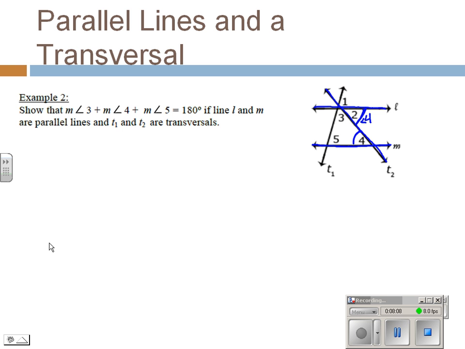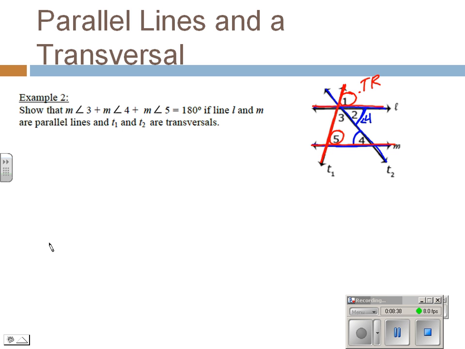And then I'm going to highlight this in red now, and we're going to look at the other transversal, transversal 1, cutting through those parallel lines. Over here, what you should notice is that angle 1 and angle 5 are corresponding angles. They're both top right, so those are congruent.